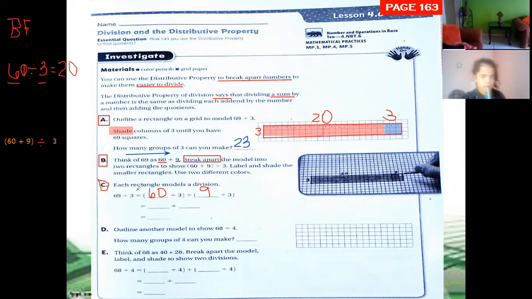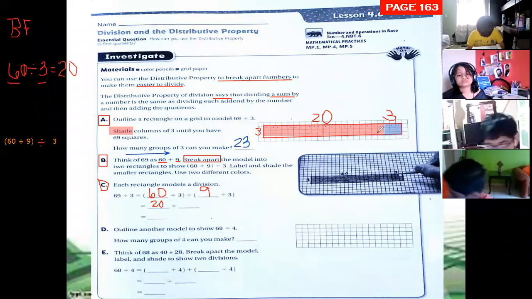We already divided 60 by 3, and the answer is 20. Now, 9 divided by 3. Table of 3. No, it's not multiplication. It's division. 9 divided by 3.